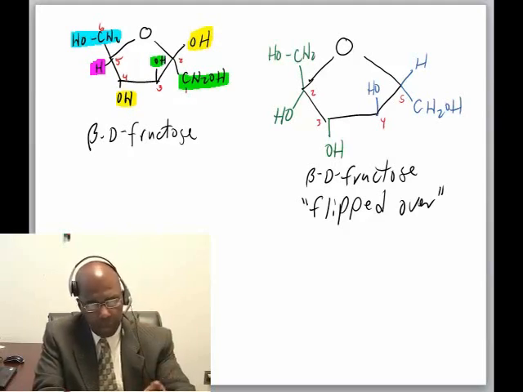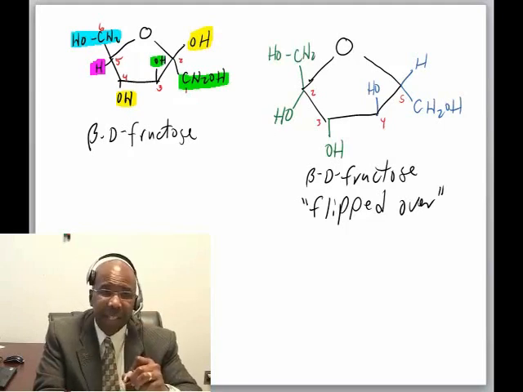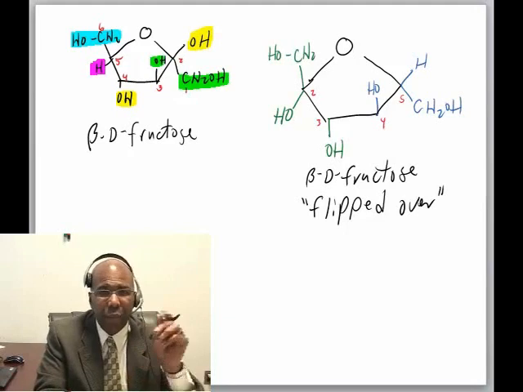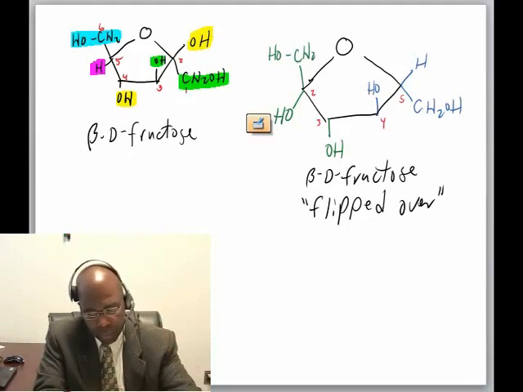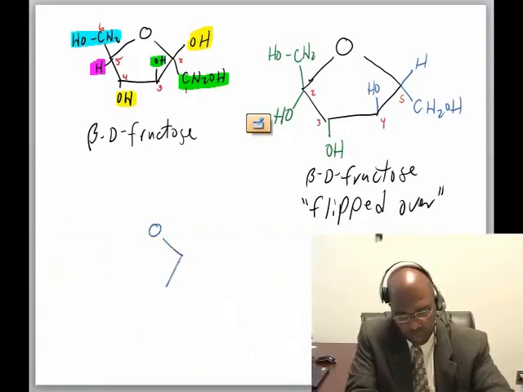And so the first molecule, the first sugar, the glycosyl or the glycoside portion is going to be glucose. So we'll make glucose blue. So 1, 2, 3, 4, 5.